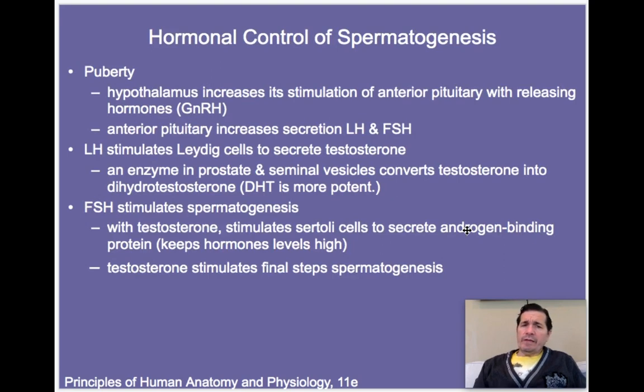When we look at it, a lot of times you'll notice that typically we actually have puberty. And puberty is when we actually have the initial production of luteinizing hormone and follicle stimulating hormone, which then causes the production of the testosterone and the sperm cells.